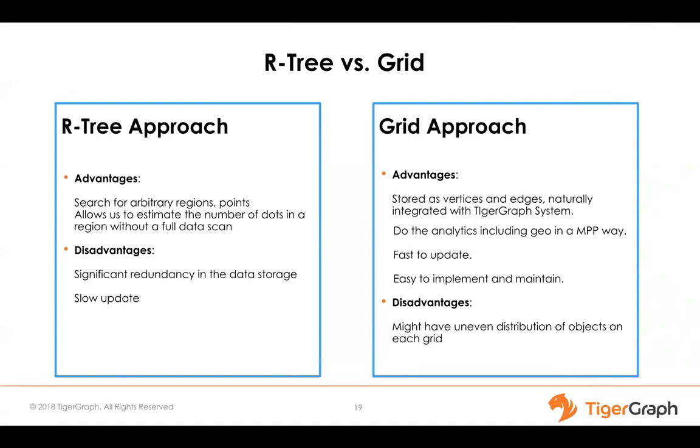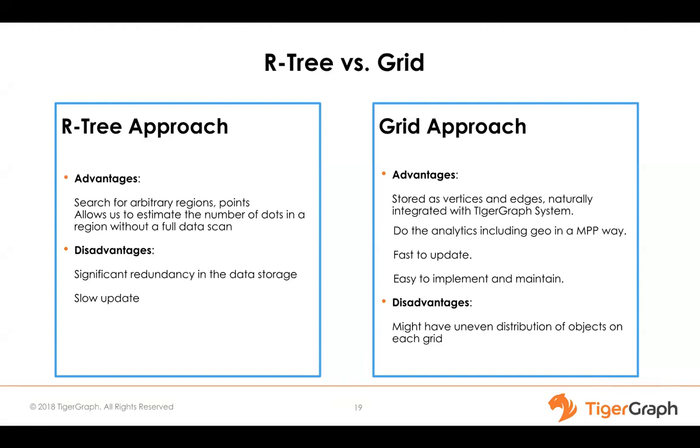When you do an update, you just create an edge between the GeoGrid vertex and your object, so it's very fast in updating. We only create those GeoGrid vertices that have an object on them. For those GeoGrids that have nothing on them, we just don't create them, so it's very memory saving. It's also very easy to implement and maintain. I'll show you how I did the solution with just three customized functions.